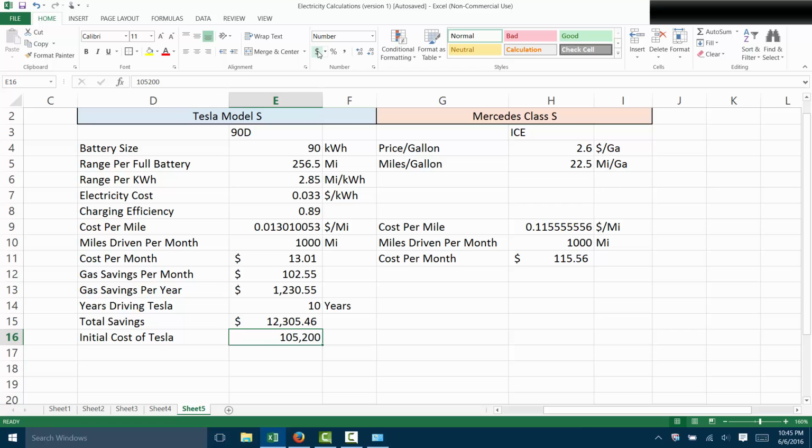That's pretty similar for most people who end up with the 90D. The P90D, you can add 30 grand to this number.